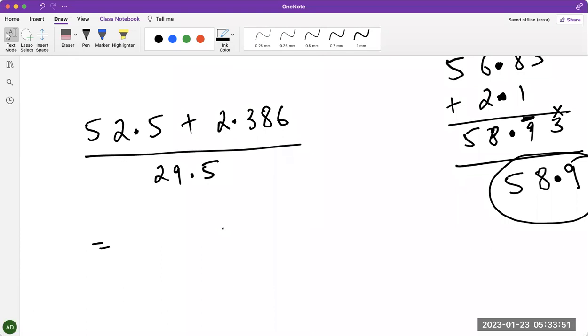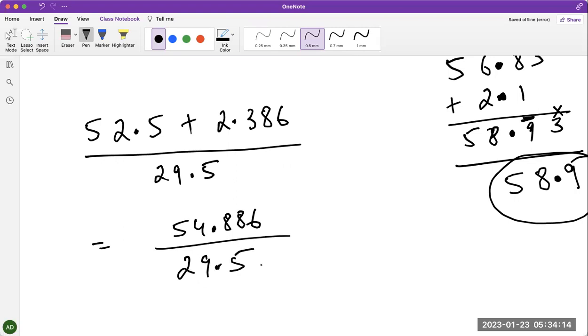Okay. So the first thing is I just add the numbers in the front, 52.5 plus 2.386. So guys, the number that I get is 54.886. I'm not going to round off any number. I'm just going to keep them as they are.